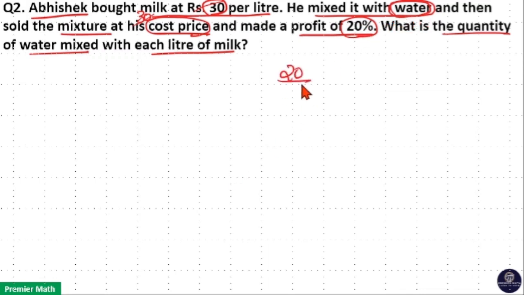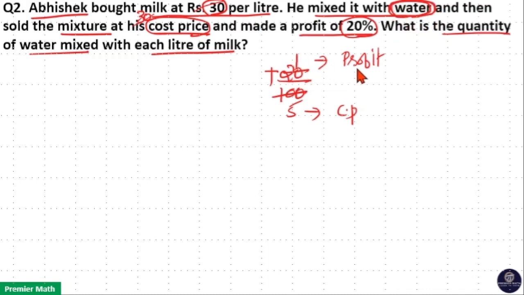Now 20% means 20 by 100. Profit means plus. Now 20 goes 5 times in 100. So plus 1 by 5 means this one part is the profit generated, and this 5 part is the cost price. Now you can see this plus 1 part is the profit, meaning this profit comes from the water amount.